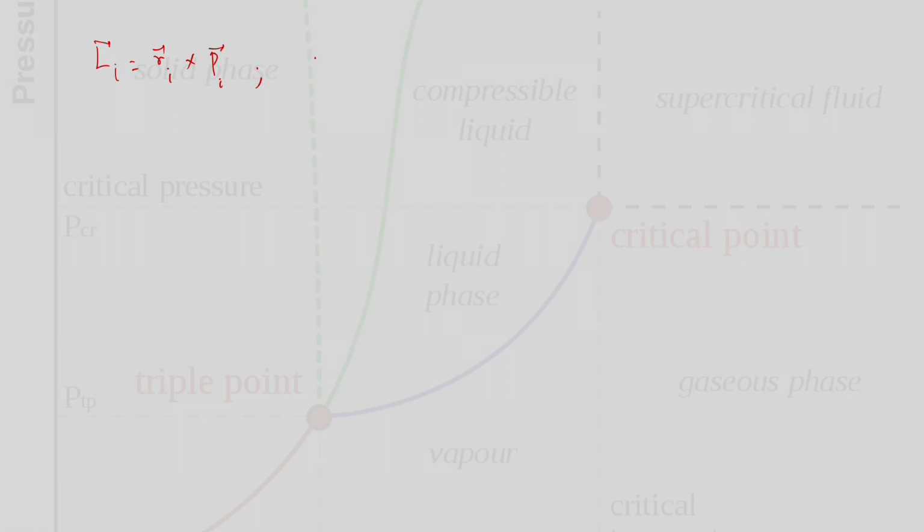Notice that this is a classical mechanics problem, but even if it is quantum mechanics, this is still true. So, I can write this as dpi by dt plus dri by dt cross pi.